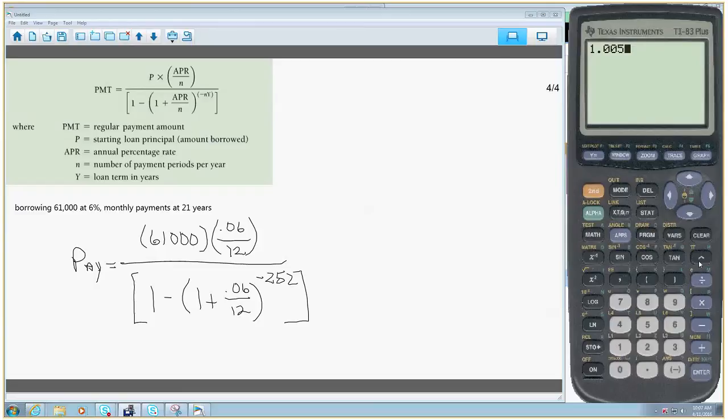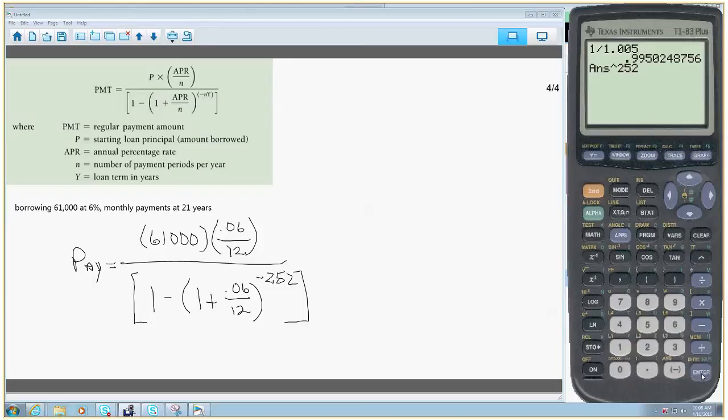I don't want to raise this to negative 252, I just don't like doing that. So I'm going to hit second function, 1 divided by, enter, and that is the number flipped, and make the exponent 252. You can do either one.